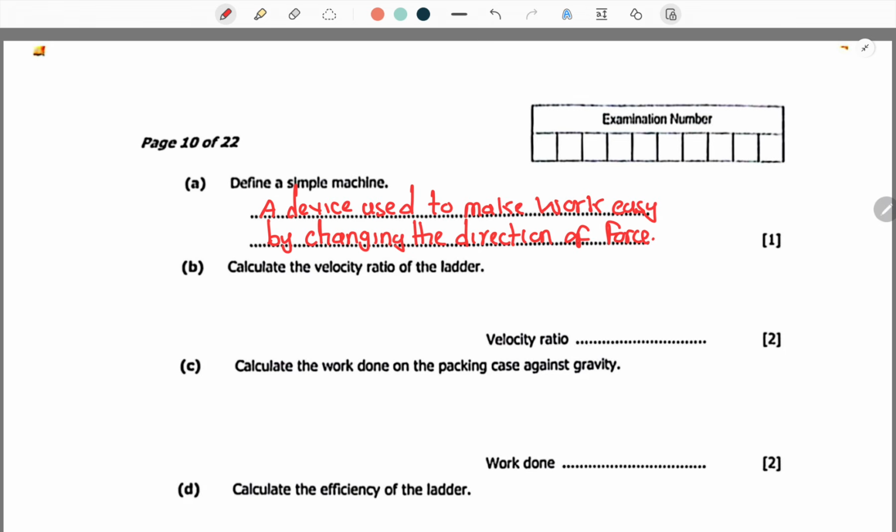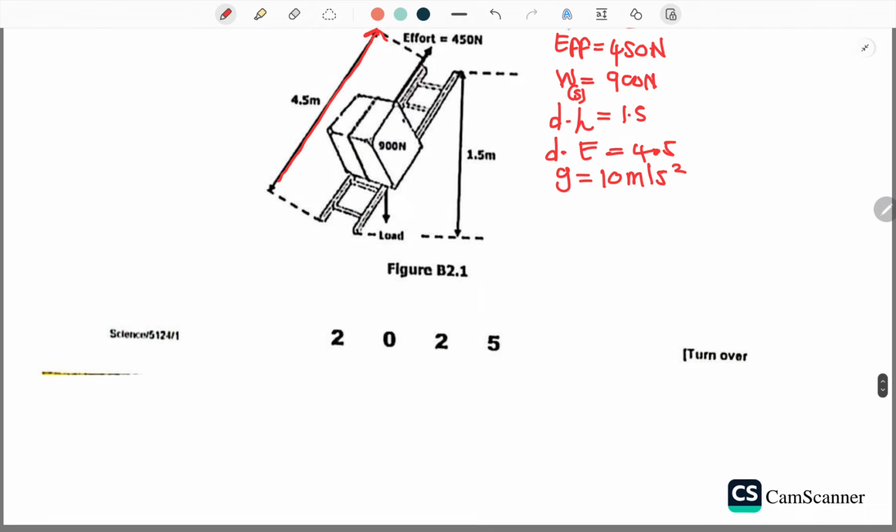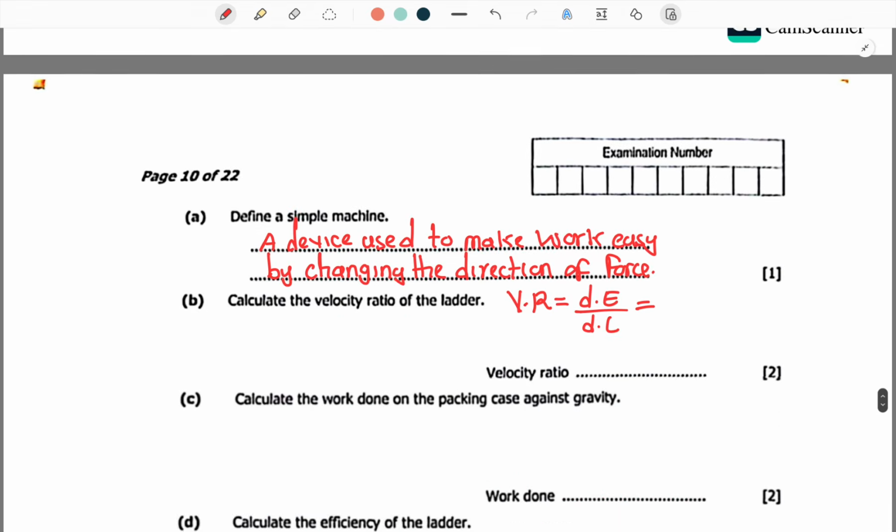Then they say calculate the velocity ratio. So velocity ratio is going to be given by the distance of the effort over the distance of the load. The distance of the effort is 4.5.